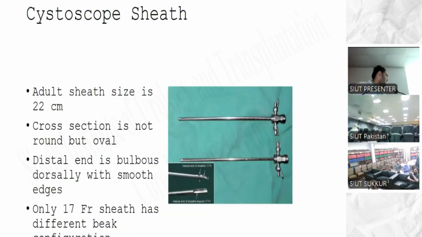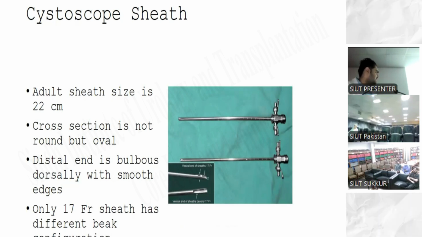Now, this is an adult cystoscopic sheath that has a length of 22 centimeter. Although the cross section is considered to be round, it is oval, right? And the distal end of the cystoscope is bulbous dorsally, and that allows easy, atraumatic introduction of the cystoscope.